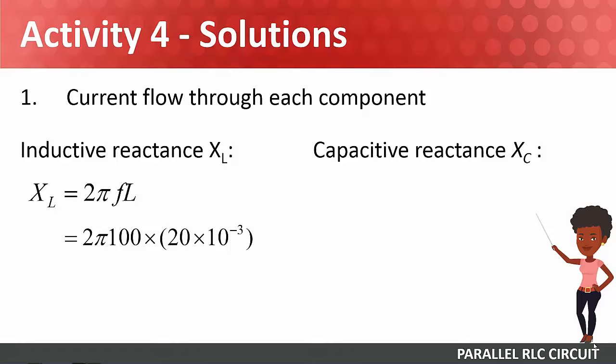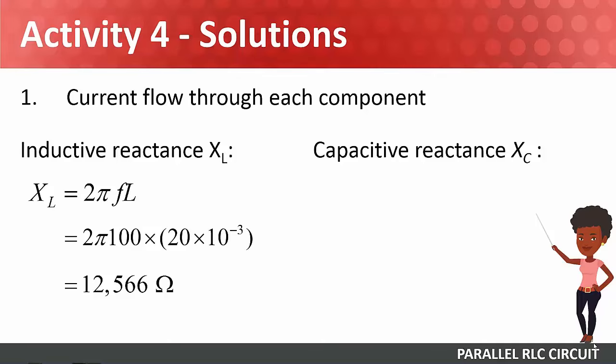Remember that to use this formula, inductance must be in henries, so we need to convert 20 millihenry to henries and write it as 20 multiplied by 10 to the power of -3 in our calculations. Type all the values into your calculator and you should get a value of 12,566 ohms. This is the inductive reactance which we will need to calculate the current flowing through the inductor.